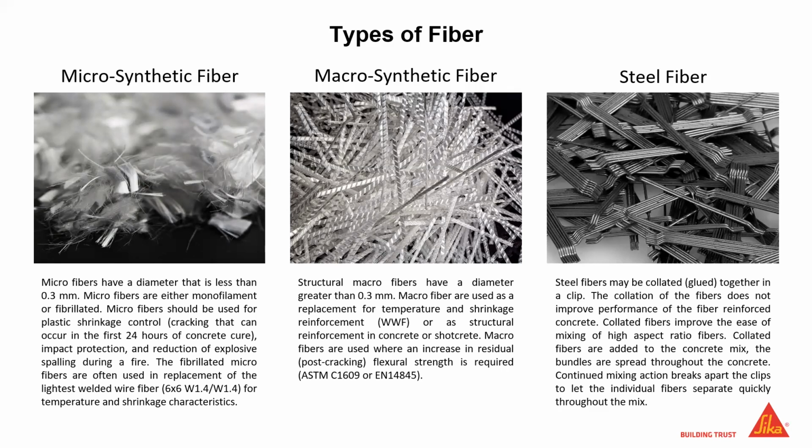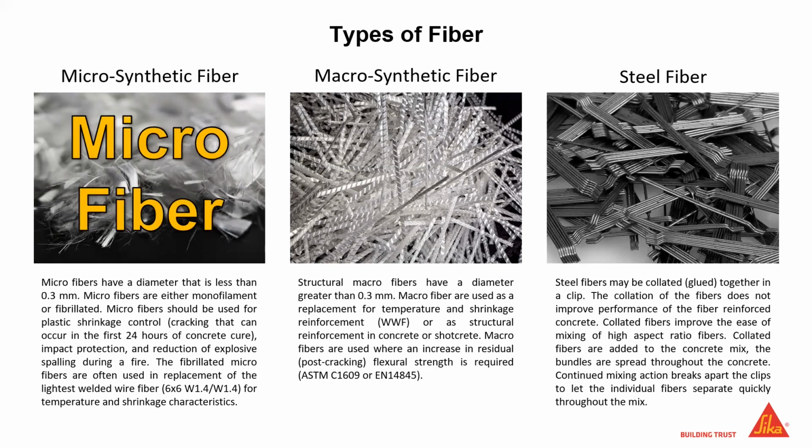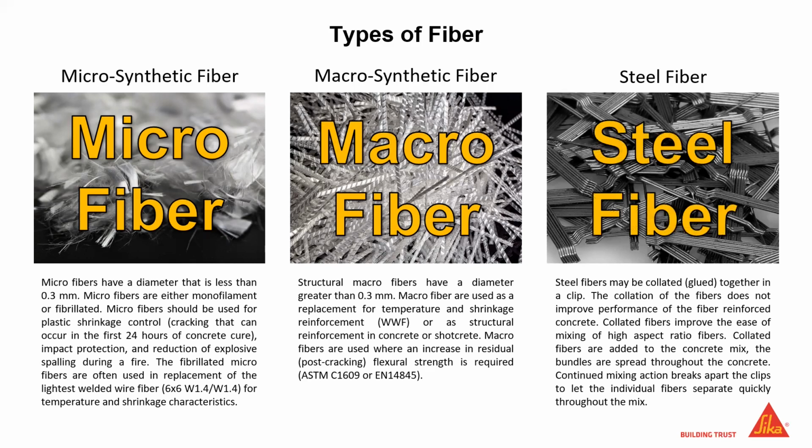In terminology, when engineers refer to it, even when I refer to it, when contractors like yourself refer to it, typically we refer to the microsynthetic fiber as microfiber. We refer to the macrosynthetic fiber as macrofiber, and we refer to the steel fiber as just that, steel fiber. Beyond this, we get into blended fibers.